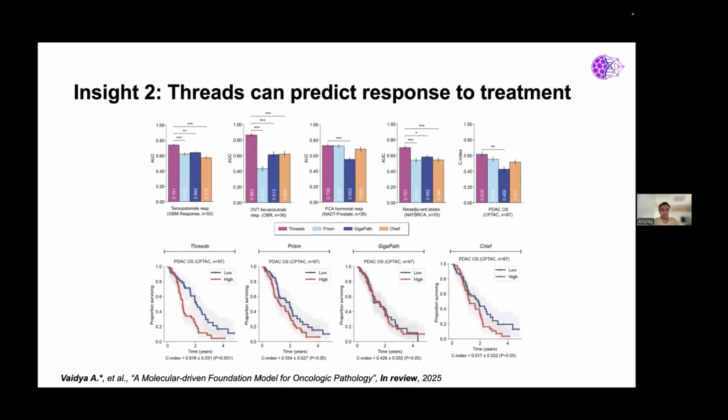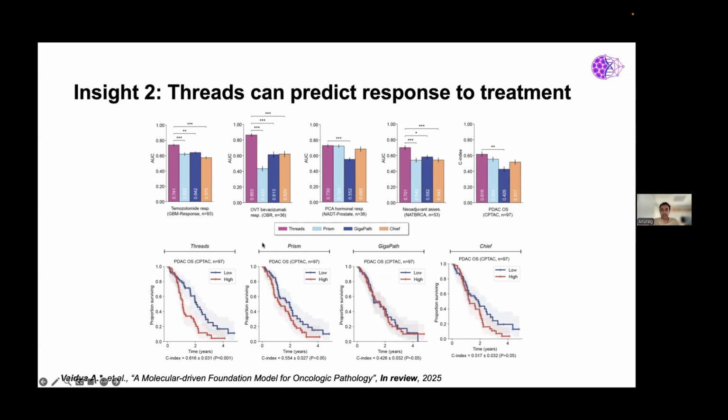So moving on to the second insight that Threads can give, it's very data efficient and it's able to help you predict response to treatment. I say data efficient because you can see by the ends over here that there are always less than 100 samples for these data sets. You can imagine these are very small data sets.